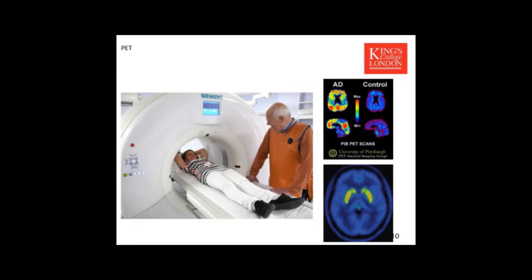We're not only going to cover magnetic resonance imaging, we also do neuroimaging with PET, positron emission tomography. And it's a similar looking sort of donut-shaped machine, but it doesn't involve a magnetic field. So you can see the subject laying there a little bit more happy. It does involve radiation though.